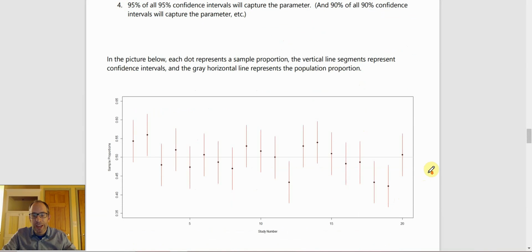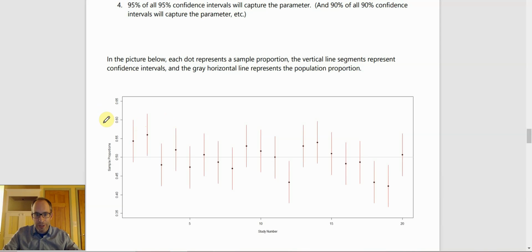So if you think of each of these as being results from a sample, where the dots are sample proportions and the vertical line segments are the confidence intervals, the ends of the line segments would be the endpoints.